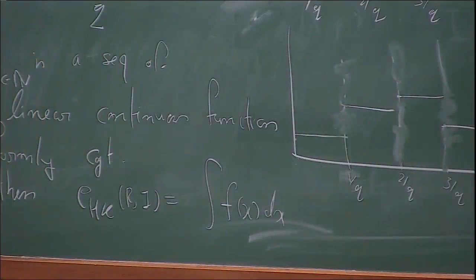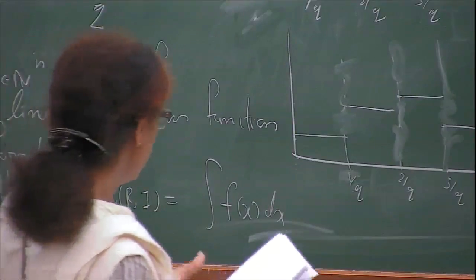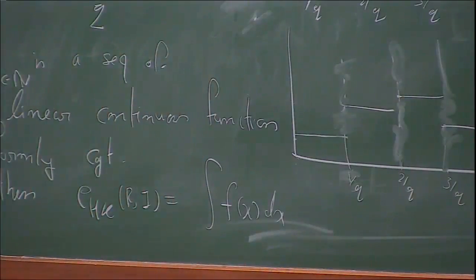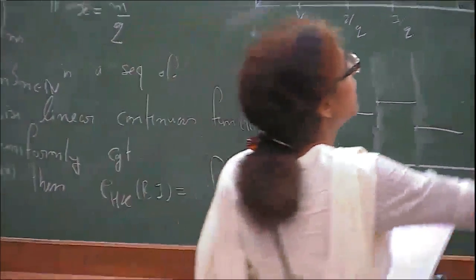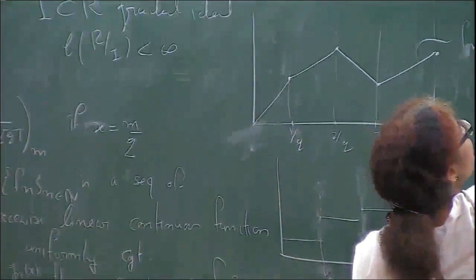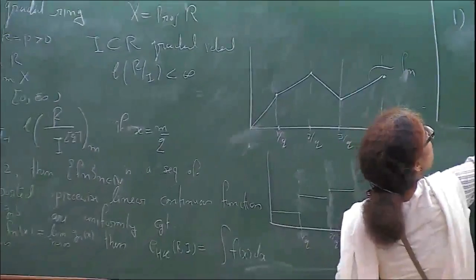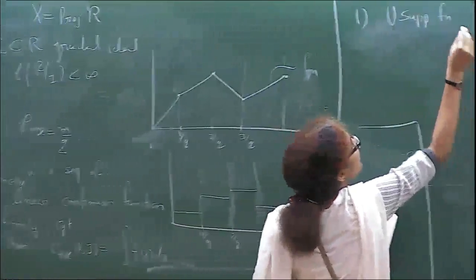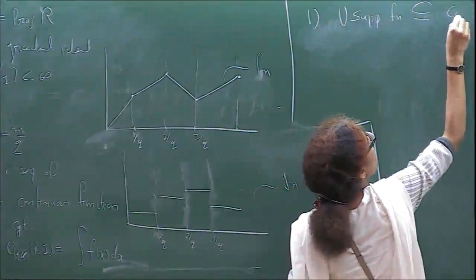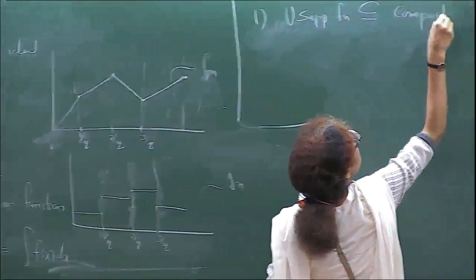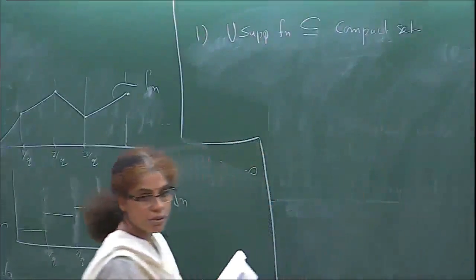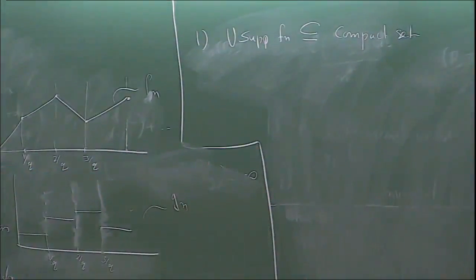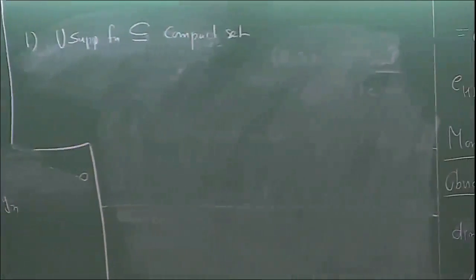So what is the point to be noted here? We give some application now, but before that there are some things hidden here which I have not said. As one, the union of supports of these functions Fn is itself contained in a compact set. So that ensures your f is compactly supported.